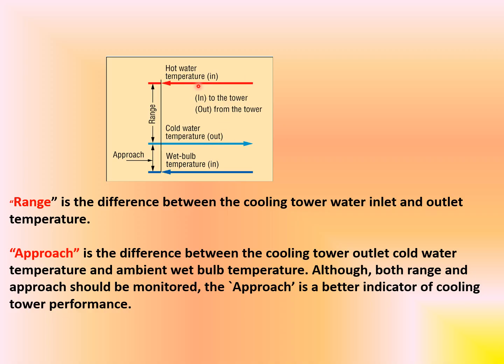This is hot water in. And approach is the difference between the cooling tower outlet cold water temperature and ambient wet bulb temperature. Although both range and approach should be monitored, the approach is a better indicator of cooling tower performance.